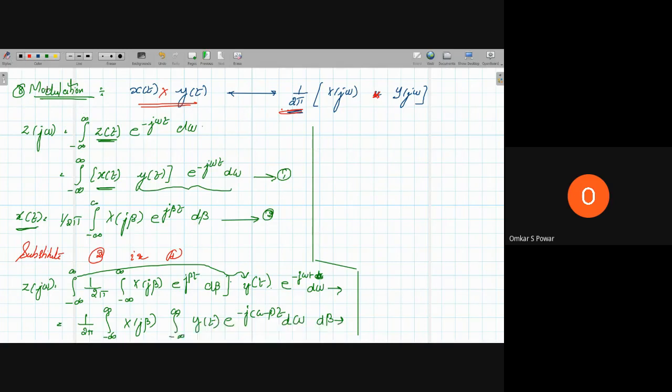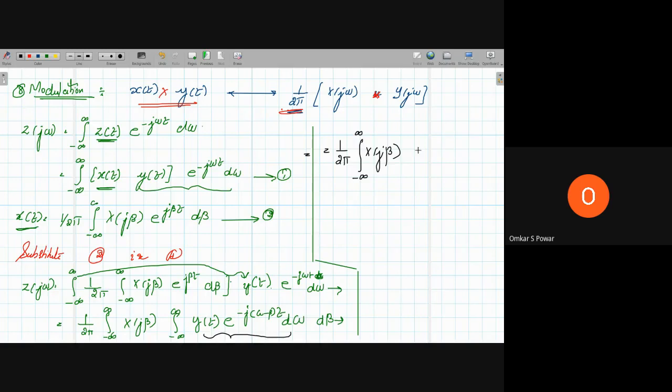So how can we express this one? Let me write again the expression for you. 1 by 2 pi integral from minus infinity to infinity X of j beta, I'll write as it is. What is this integral from minus infinity to infinity e power minus j omega minus beta into t d omega?